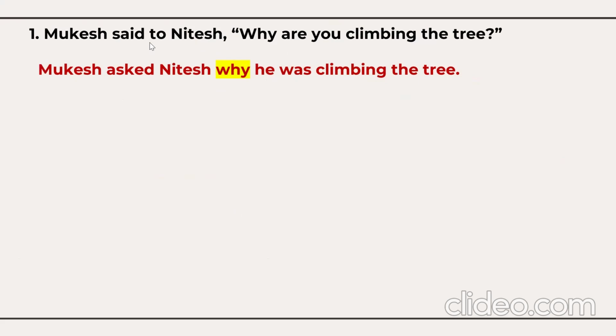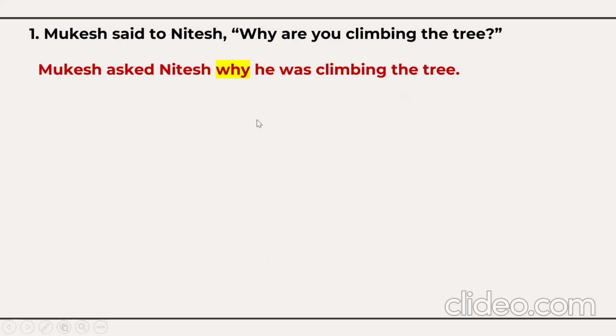Because said, the reporting verb, is in the past tense, so the reported speech verb will change into the past tense, right? R will become was. Why was? Because he is a singular subject. Why he was climbing a tree? Full stop. You have to remove the question mark. I hope you understood now.